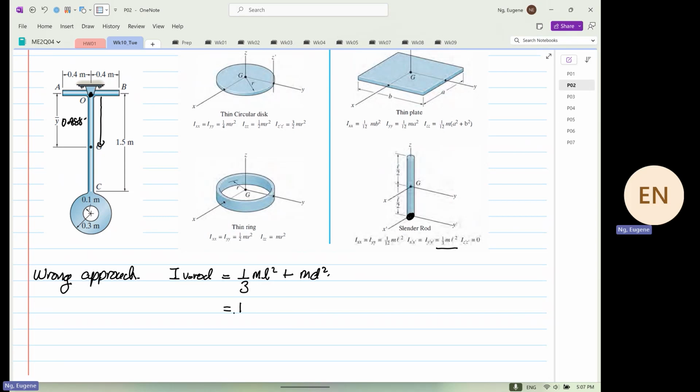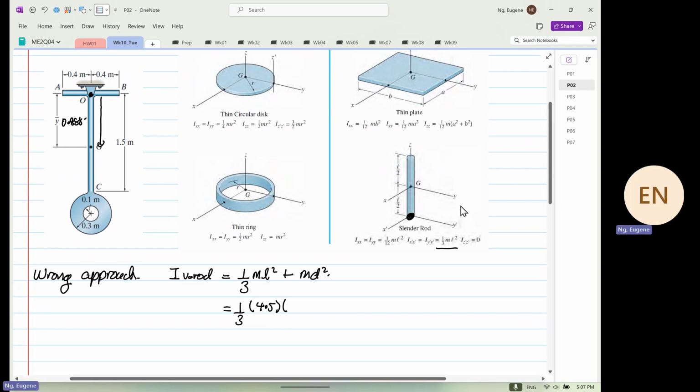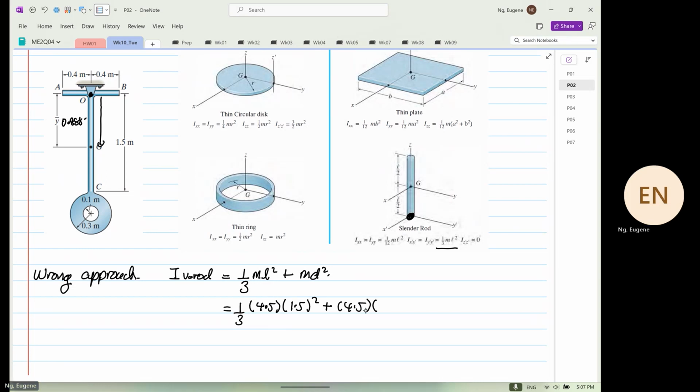So you get 1/3, m is equal to 4.5, and L is equal to 1.5 squared, plus m, which is 4.5, multiplied by d, which is equal to 0.888. Is it 0.888? Yeah, from the top, you shift over there, squared.